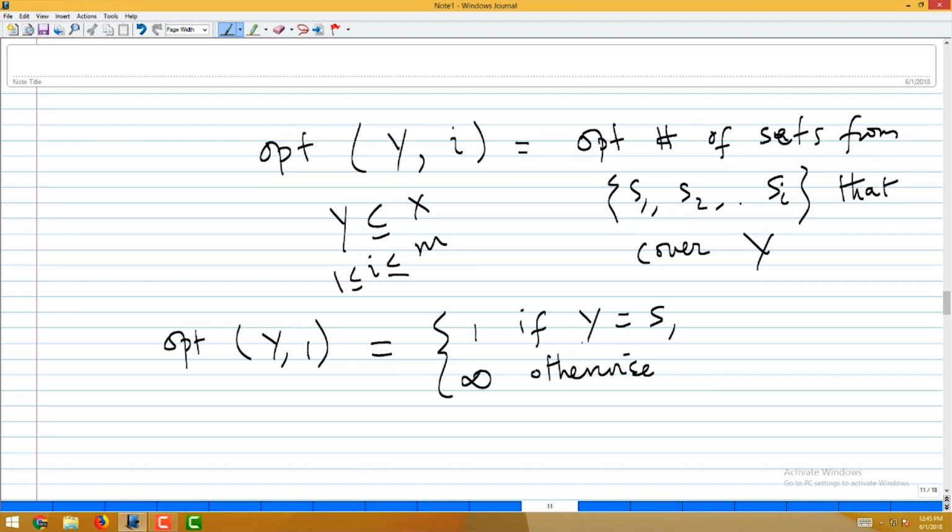Basically, I am telling you that I can't cover your set Y with S1 alone otherwise. Do I really need Y equal to S1? If Y is contained in S1, that is also good, right? Yes, because I want S1 to cover Y. S1 may contain more things. So, this is the base case. For 1 I can compute it.